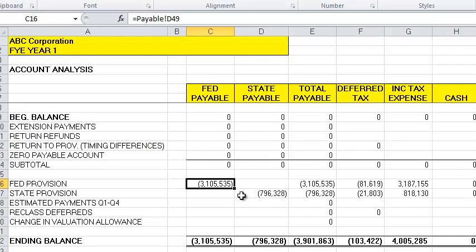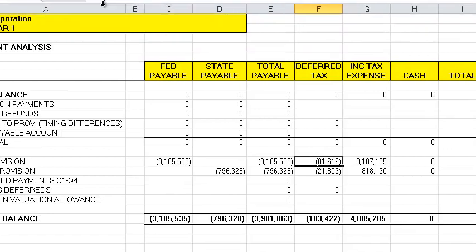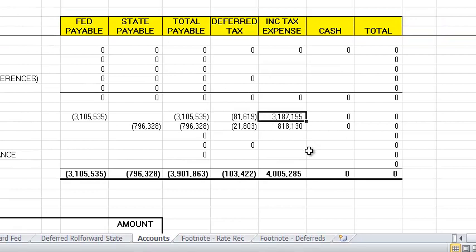So I'm going to credit my payable 3105, and you can see it's linking straight from the payable tab. And I'm going to book my deferreds, and that is also coming right from that second column in the payable tab. And then boom, out pops provision, right? And my total row foots to 0. So you can say, gosh, that is the journal entry I would like to book.